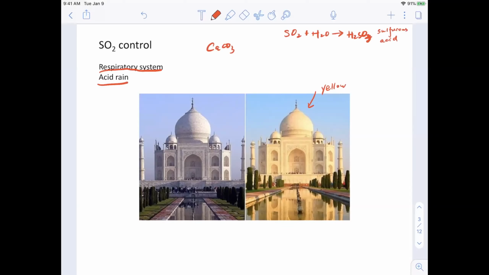And then further, the sulfurous acid will get oxidized by the oxygen in the air, and then form sulfuric acid.